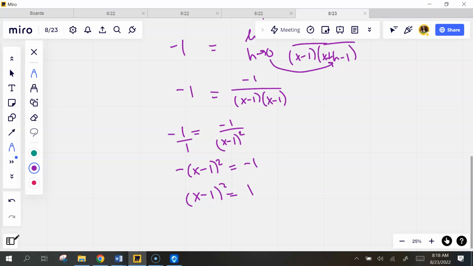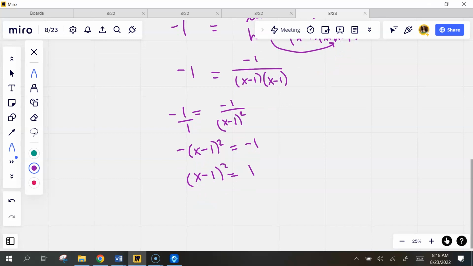Y'all following me? I cross multiplied. So I could have x minus 1 equals 1 or x minus 1 equals negative 1.